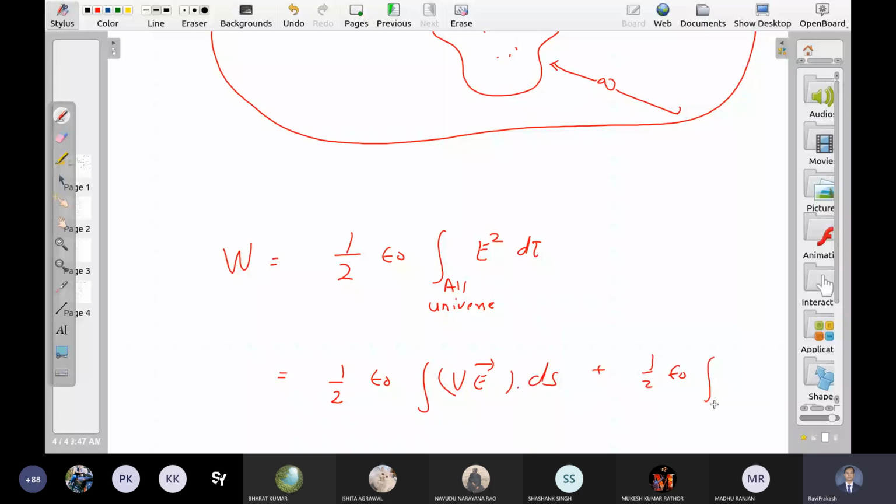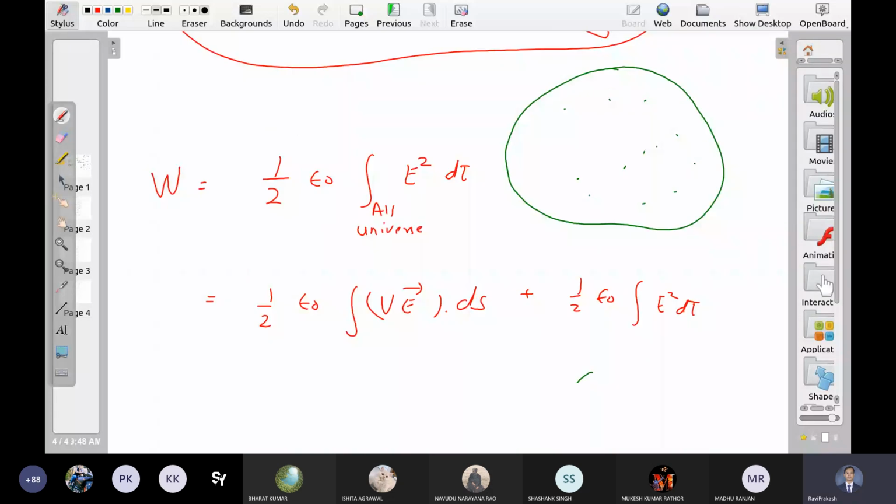The whole universe. Let me draw the boundary of the universe with the green color. Either you calculate this single integral inside this full universe, or you calculate these two integrals only on the space occupied by the charges. Let us say this much is the space occupied by the charges. Either do the second integral simply in the region occupied by the charge, or do the first integral in this whole space, where there is charge and where there is none. Your answer has to be the same.